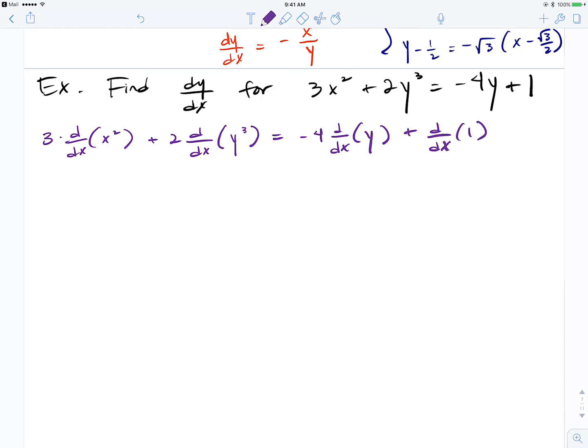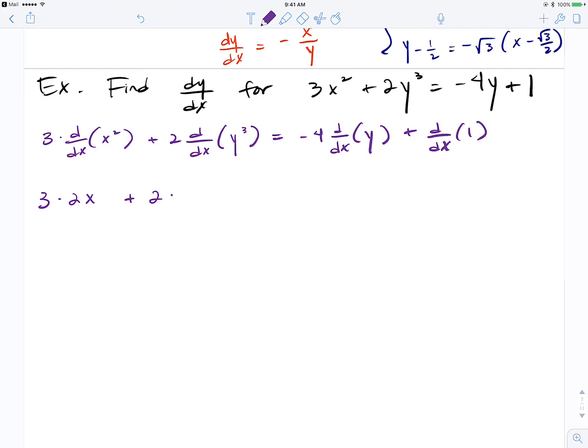Okay, so let's go from left to right to differentiate. So we would have 3 times the derivative of x squared, which will just be 2x. If you're thinking chain rule, it would be 2x times dx over dx. Well, dx over dx is just 1. Plus, next term, 2 times the derivative of y cubed with respect to x.